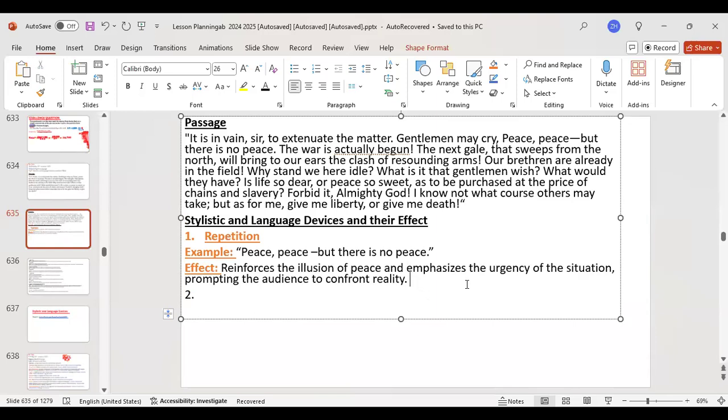This prompts the reader to confront reality. They want you to identify the device, give an example, and then state its effect on the reader.